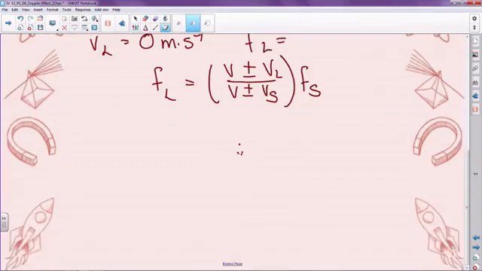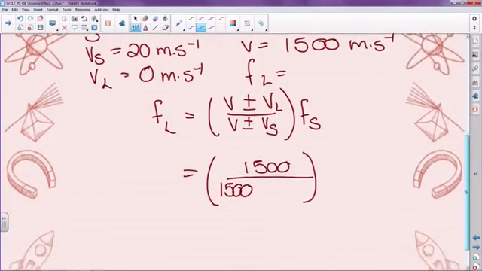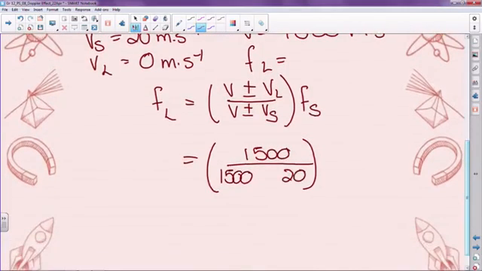The listener wasn't moving, so VL is 0, which means the top of my line is going to be 1,500. I have to either plus or minus the source's velocity, which is 20. We'll come back to what we're going to do with that in a second. And my source's frequency was 250 times 10 to the 3.